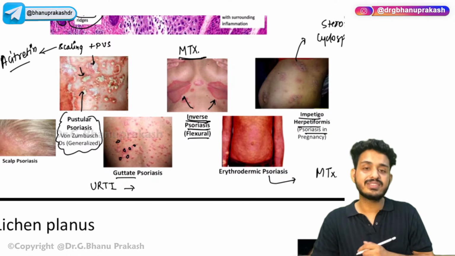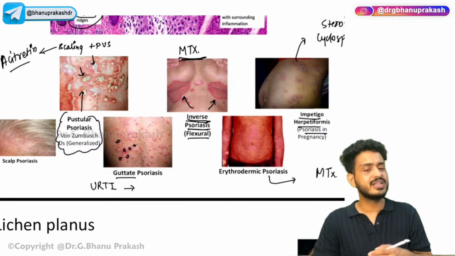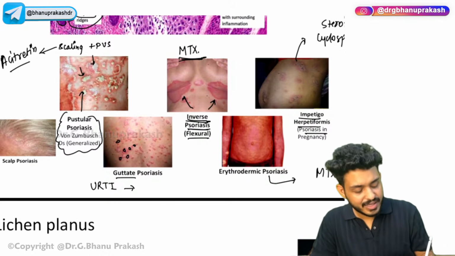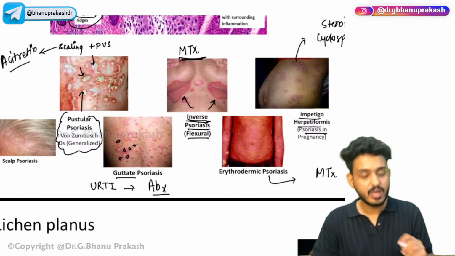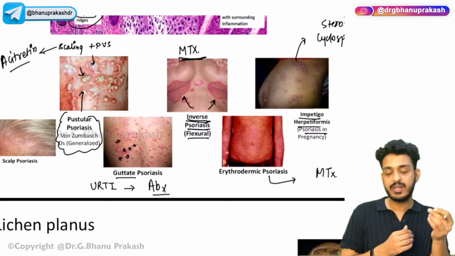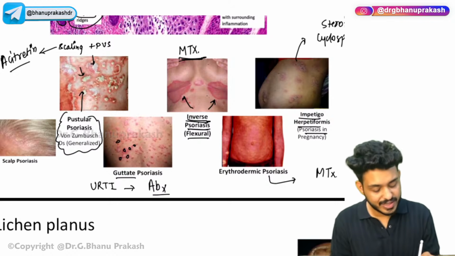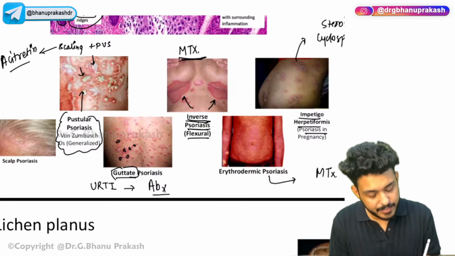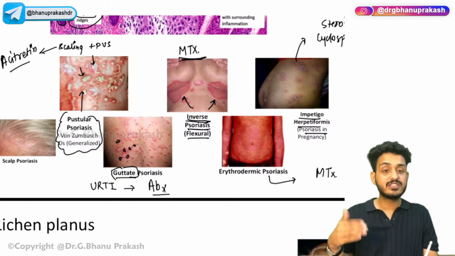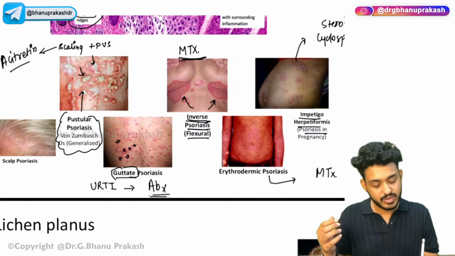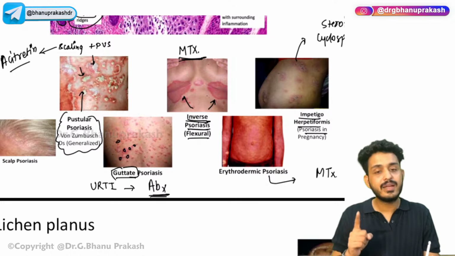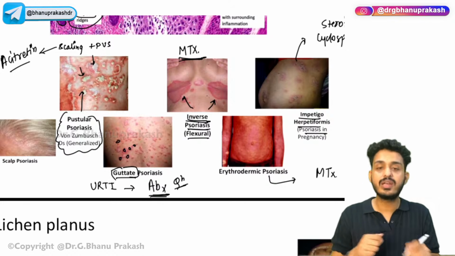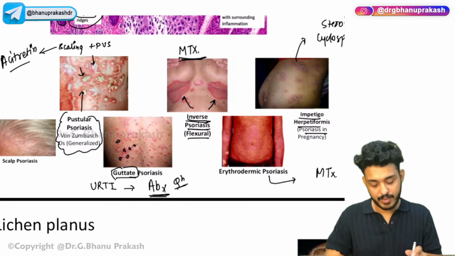He will be giving you acitretin, methotrexate, steroids, and then antibiotics. You will not think in terms of antibiotics, but the drug of choice for guttate psoriasis will be antibiotics, because it is after a respiratory tract infection. So guttate psoriasis, what will be the drug of choice? Antibiotics, and this can be a potentially asked question. Okay, you have to remember this.